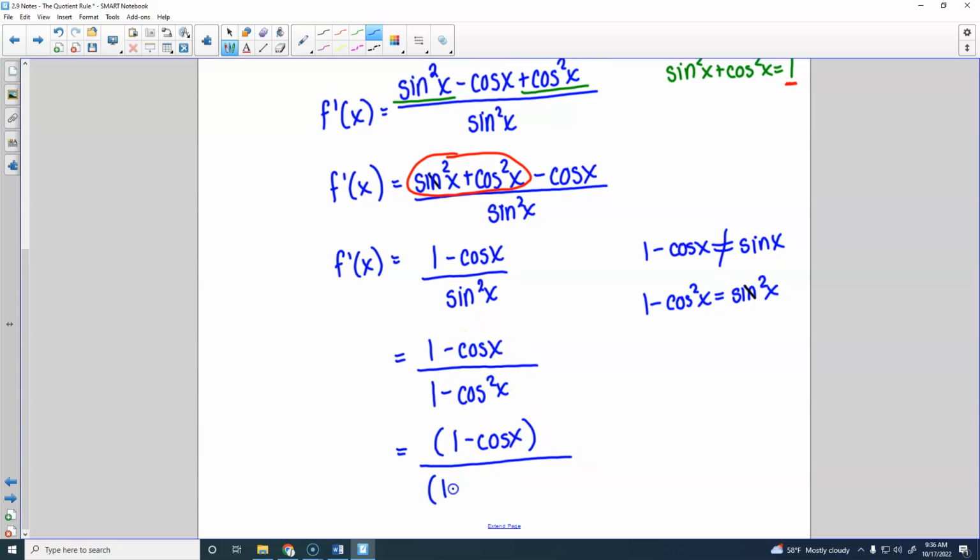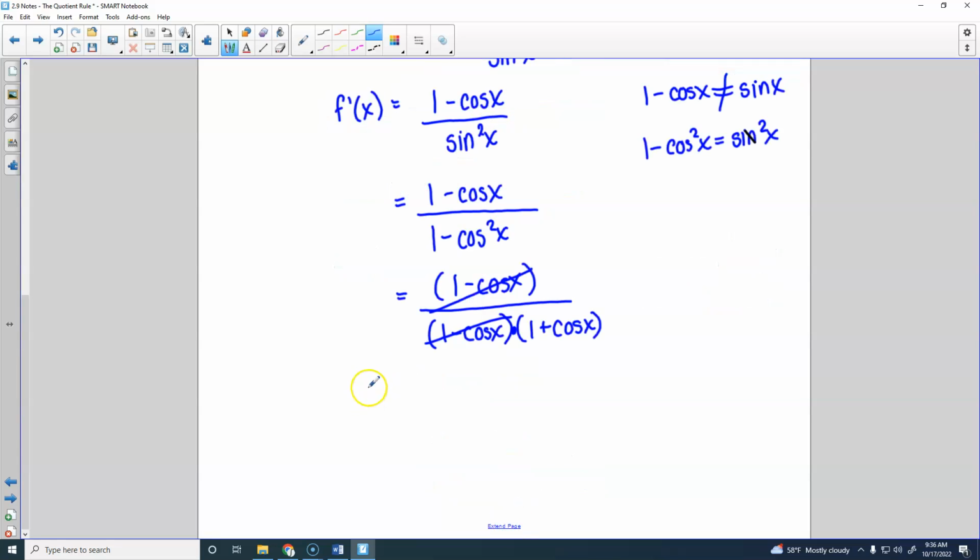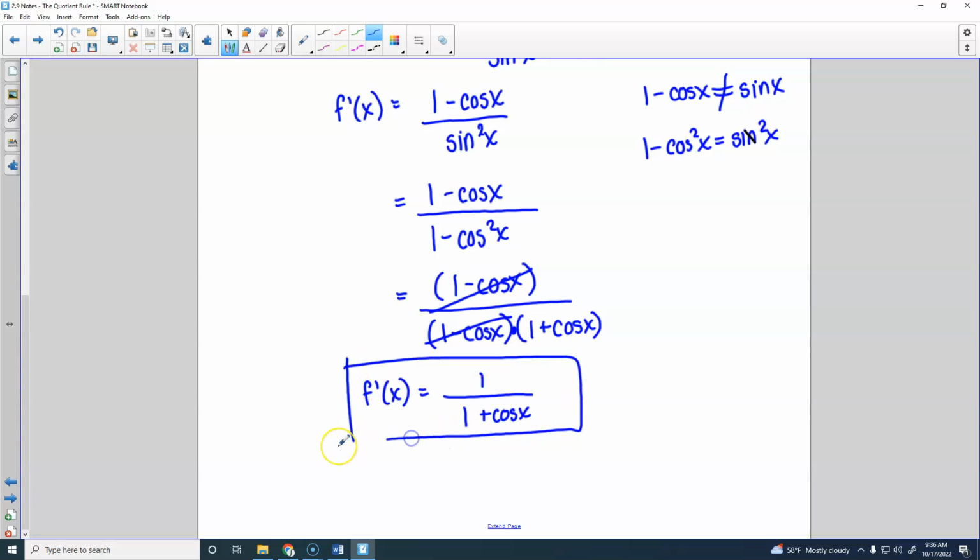But if I factor the denominator into 1 minus cosine x times 1 plus cosine x, which I can do because it's a difference of squares, now I've got multiplication between these terms. I can cancel, and f prime of x is going to be 1 over 1 plus cosine x. Oh, that was fun.